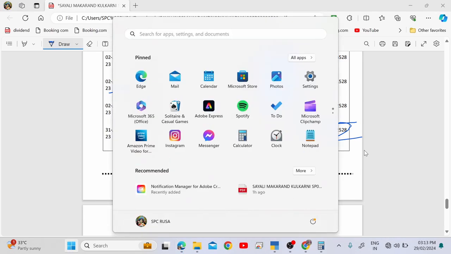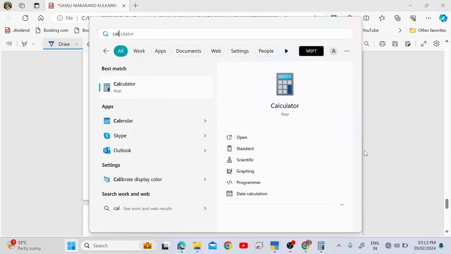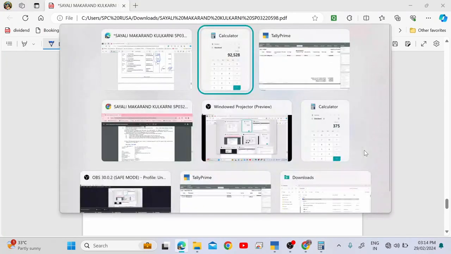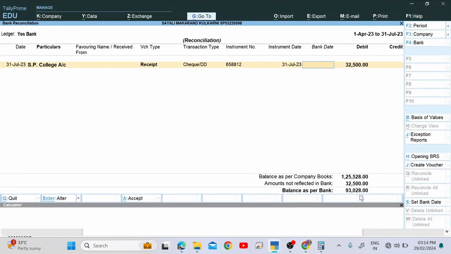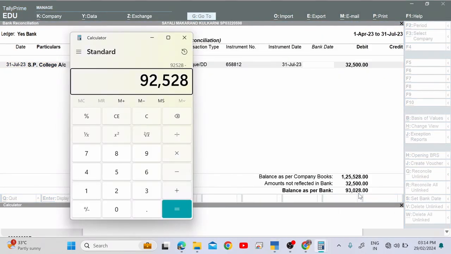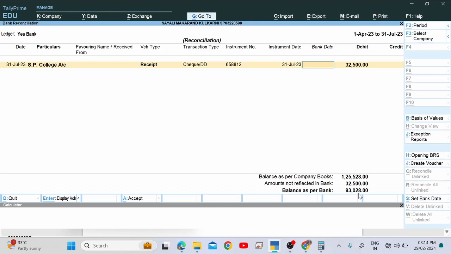Now I will use a calculator, this should match with your bank. 92,528 minus the Tally 93,028, 500 rupees difference. Yes, we are expecting 500 and we have got 500 rupees.